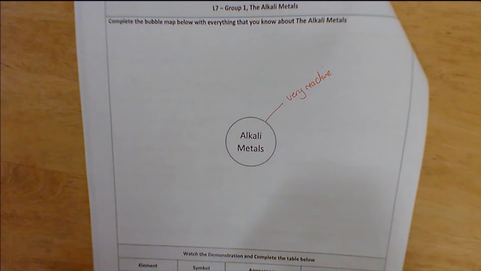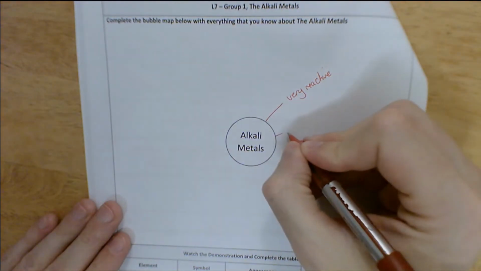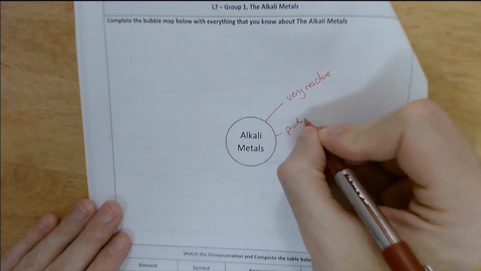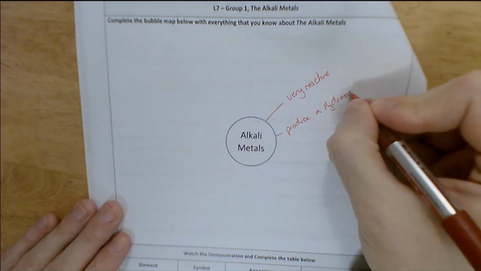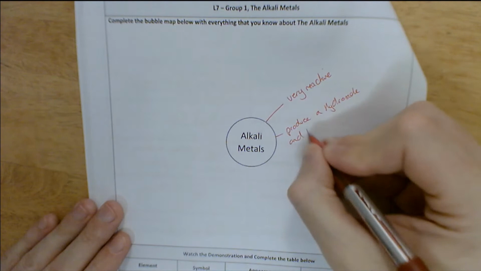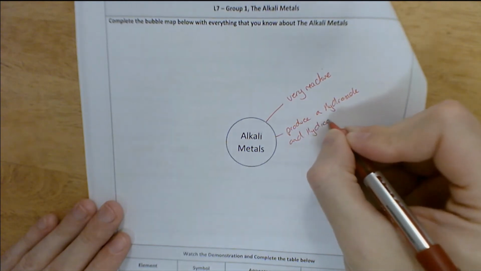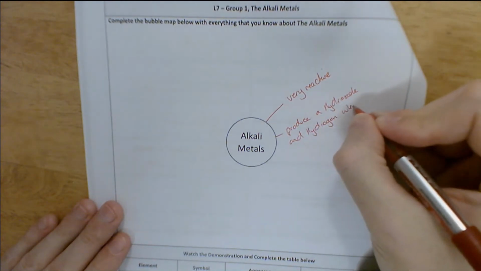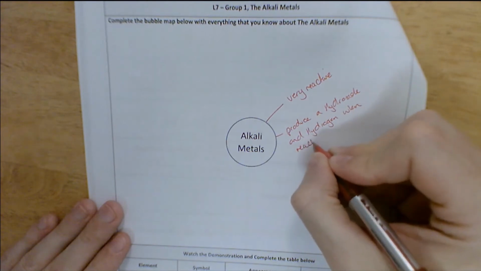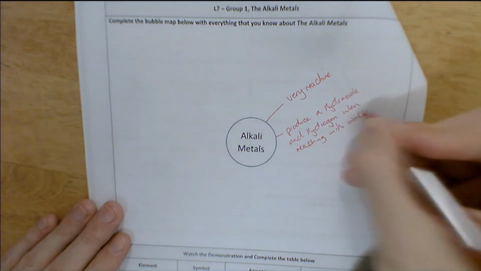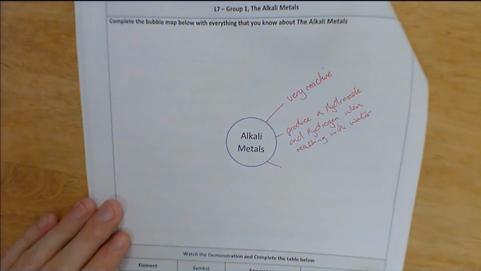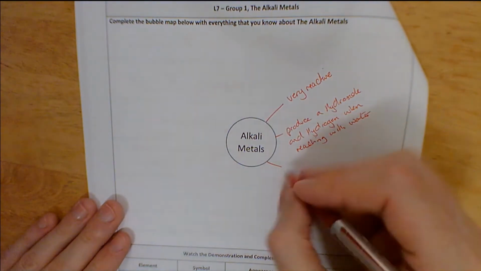Perhaps we noticed that they produce a hydroxide and hydrogen when they react with water. We saw that they all had that coating on the outside because they react with oxygen in the air to form oxides.